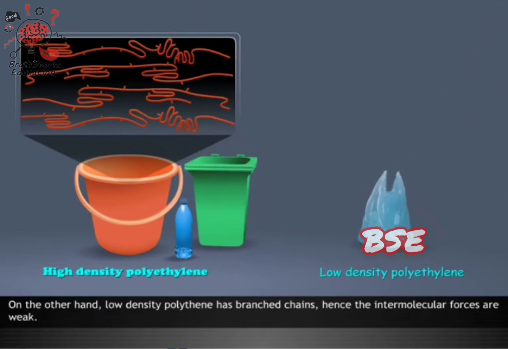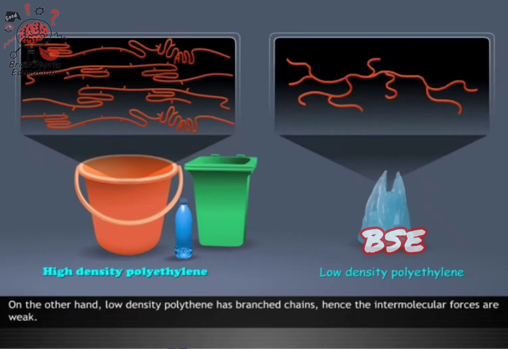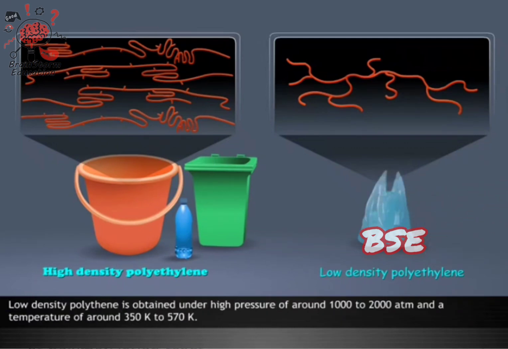On the other hand, low-density polythene has branched chains, hence the intermolecular forces are weak. Hence, it is not as tough or strong as high-density polythene. Low-density polythene is obtained under high pressure of around 1000 to 2000 atmosphere and a temperature of around 350 Kelvin to 570 Kelvin.